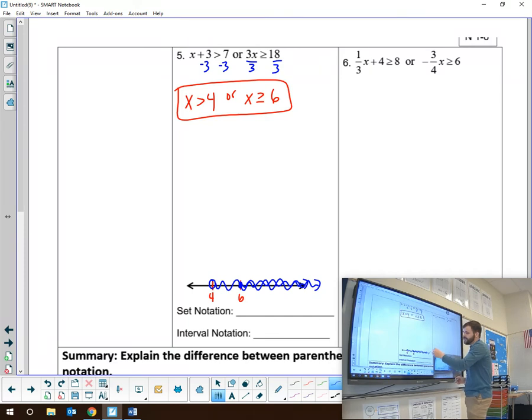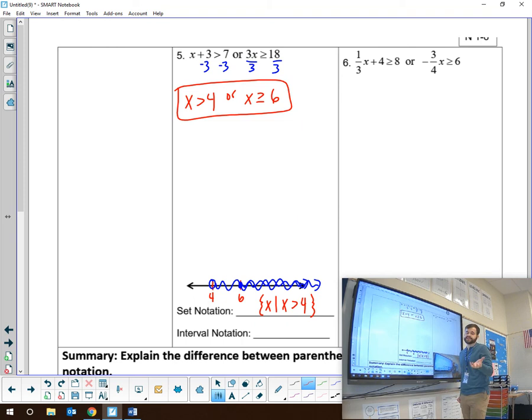So for set notation, for my answer, the only thing that I actually have to write is this. All I have to write is all numbers of x such that x is greater than 4. The reason I can only write this is because everything that's greater than 6 is also greater than 4. So just by writing that, I'm including everything on my graph.